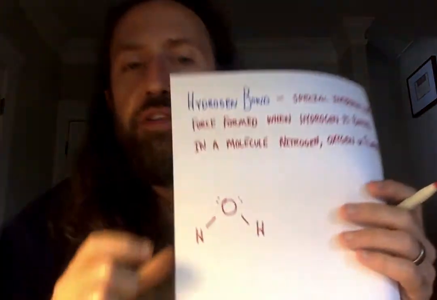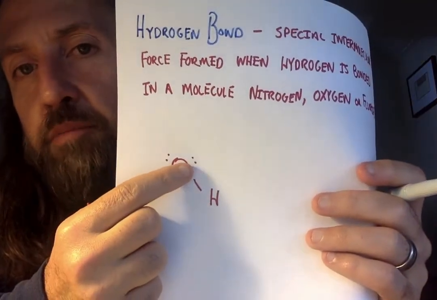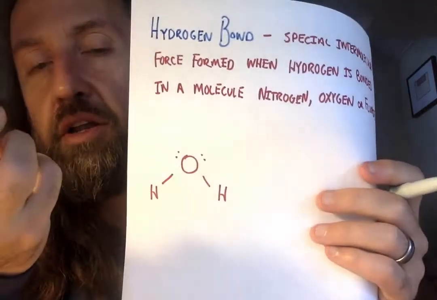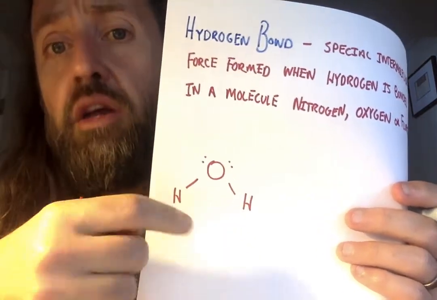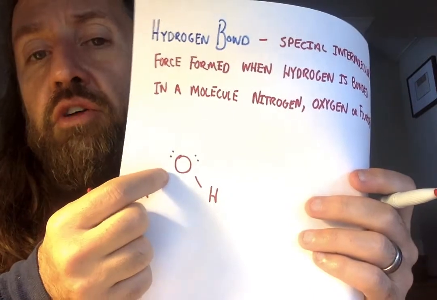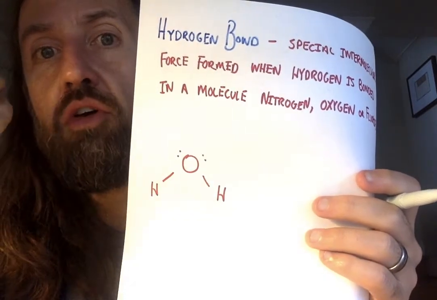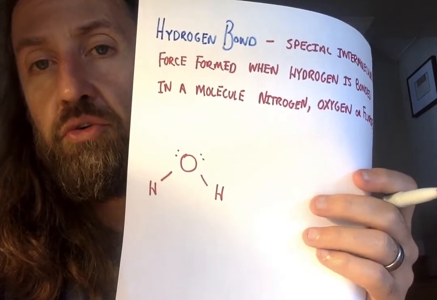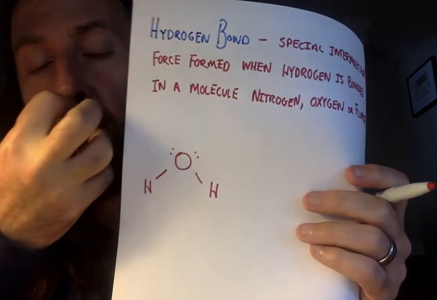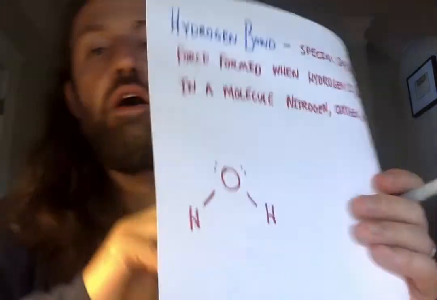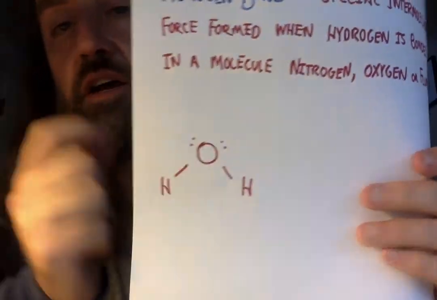Now, if we apply Coulomb's law, we realize that this oxygen has 8 protons pulling on electrons, and poor little hydrogen only has 1. So the electrons are going to be pulled much closer to oxygen because oxygen has more pull for the electrons. Now, what that does is create a polar molecule.